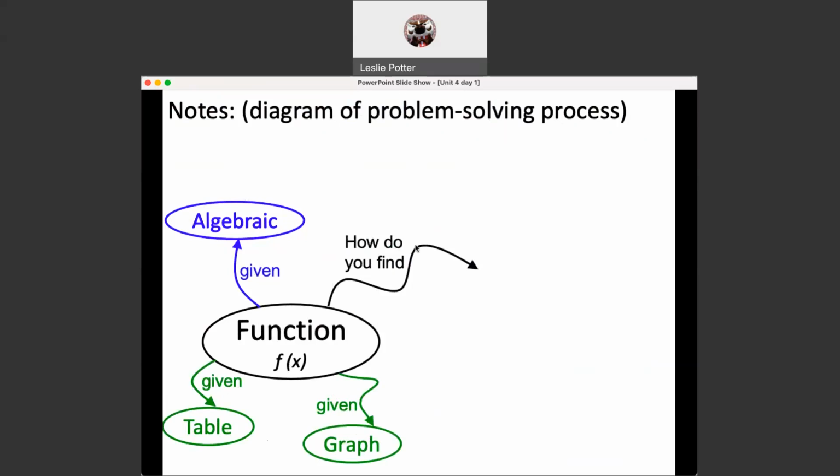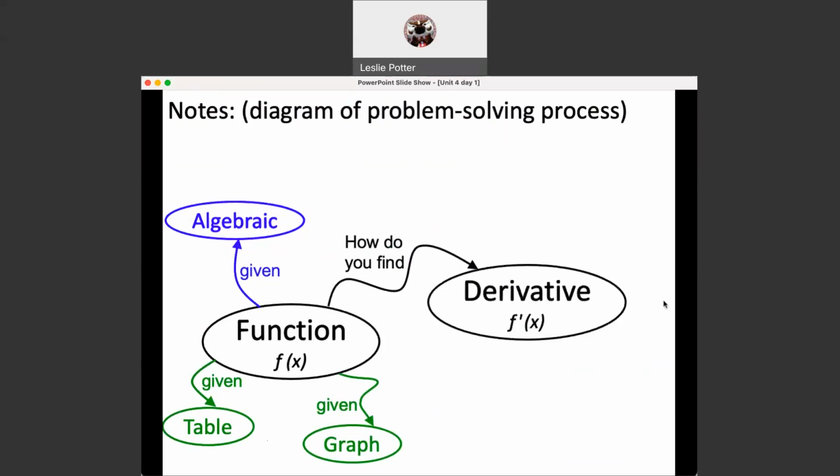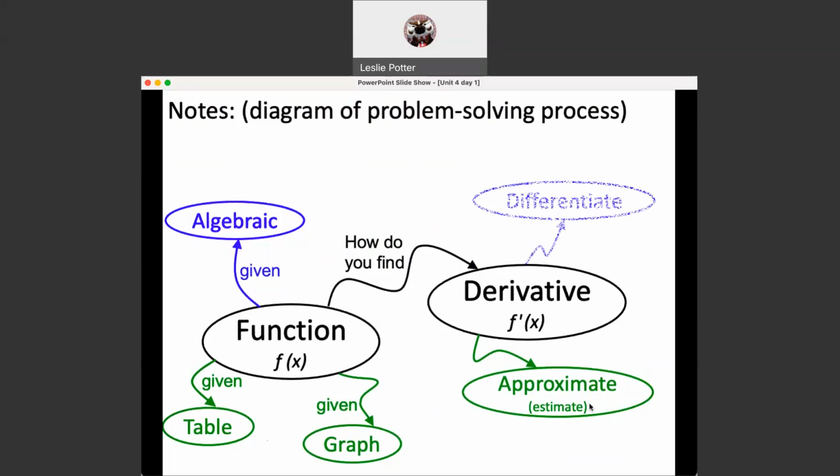We're going to differentiate this function, so how do you find the derivative when you're given the function in these modes? When it's a table or a graph, I approximate or estimate. I've got points, and all I can really do with points is do an algebra slope. So if you have a table or a graph, you're going to see the word estimate or approximate for finding derivative values. It's all you really can do.